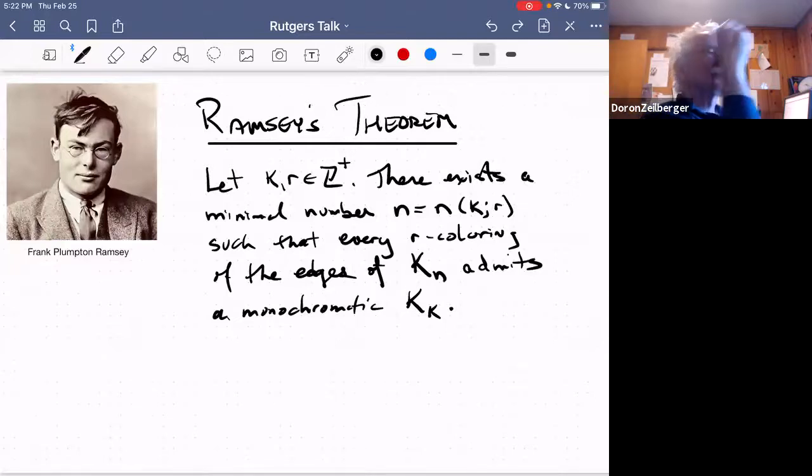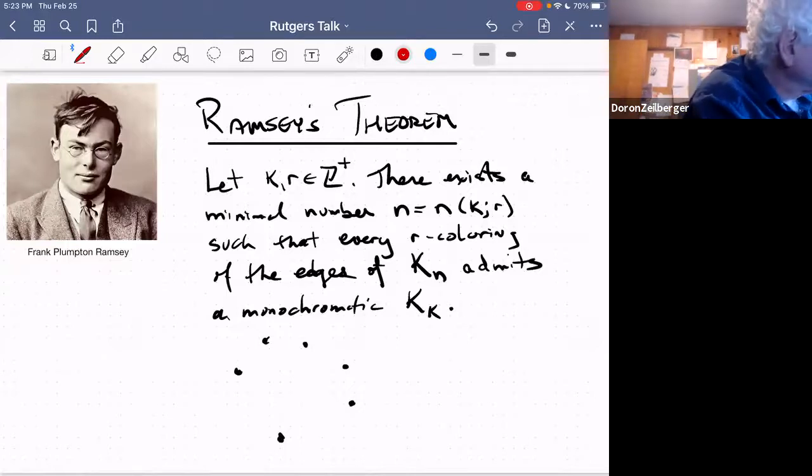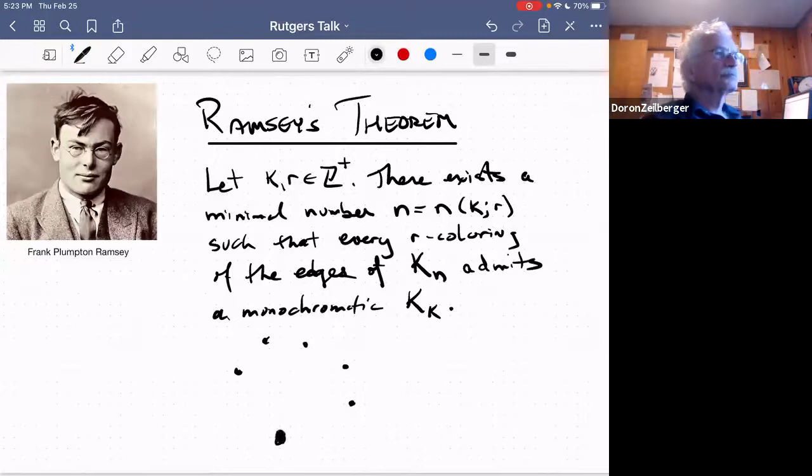So let's look at six vertices. And so oftentimes Ramsey's theorem is referred to as a generalization of the pigeonhole principle. So this is where it comes from. If I'm standing at one vertex X and I look at the other five, then I know using just two colors, there's some color that appears three times. And so I'll say it's red.